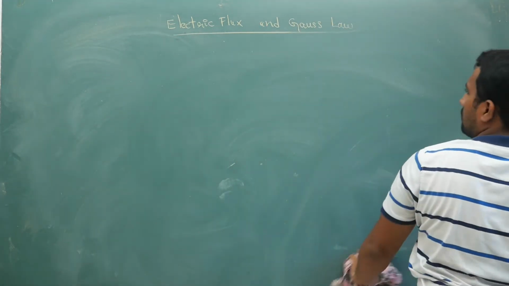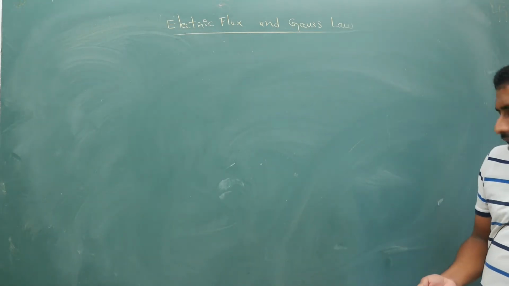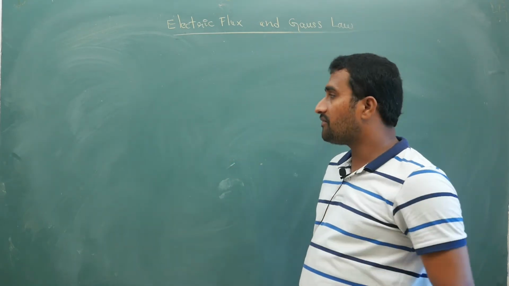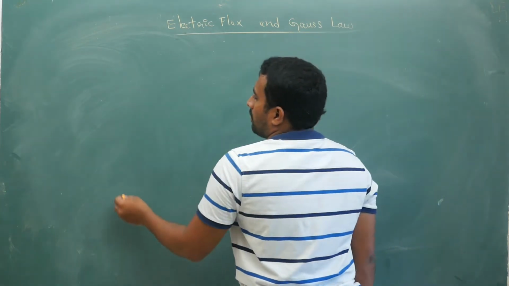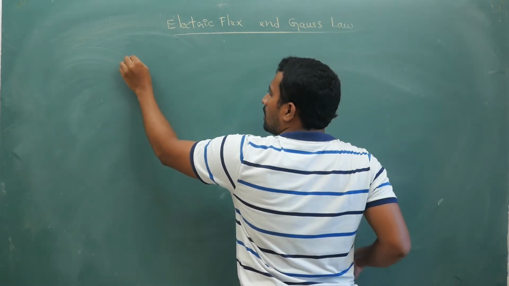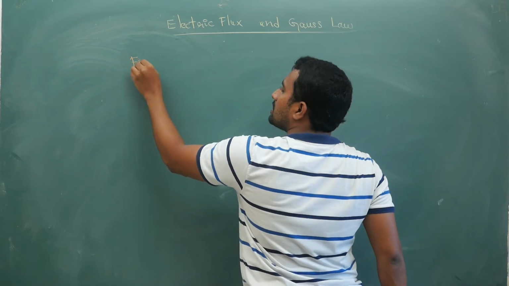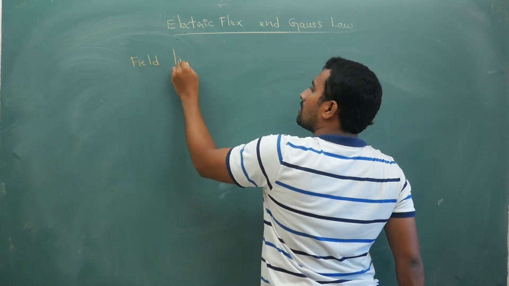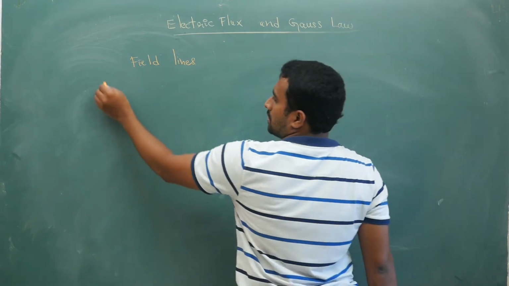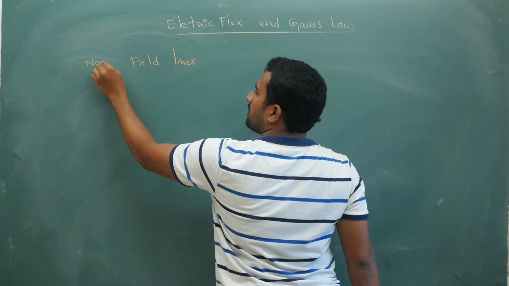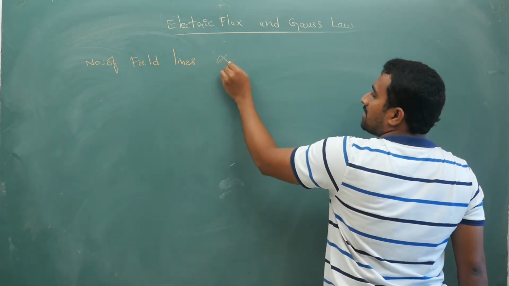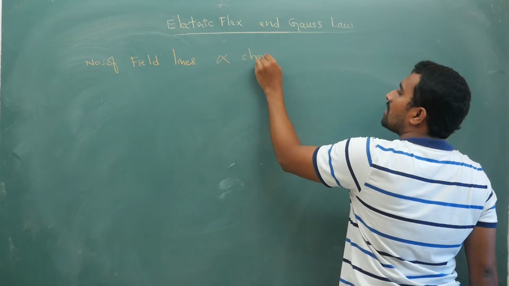Now if you have a charge producing some field, remember an important point: how many field lines you keep is your choice. What I mean is that the number of field lines is directly proportional to charge.